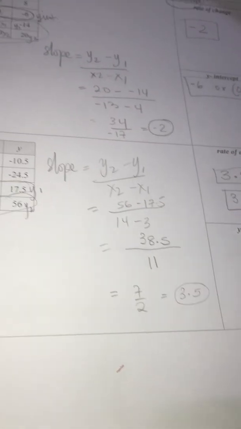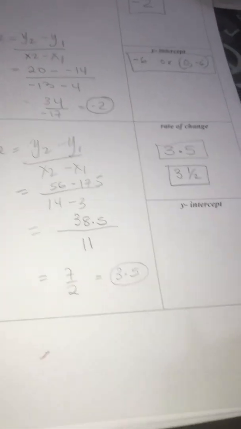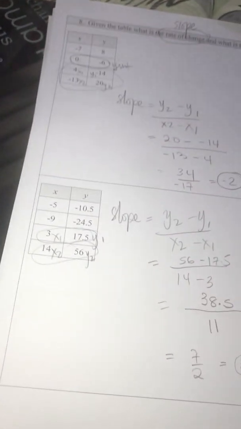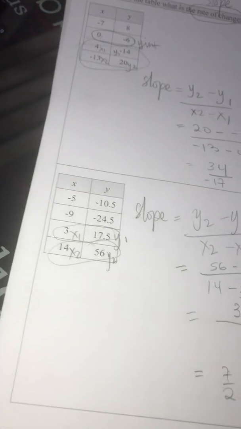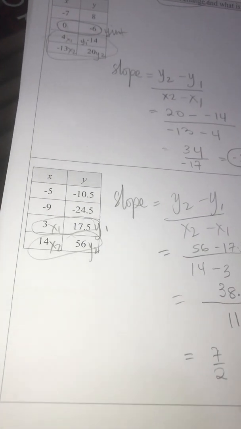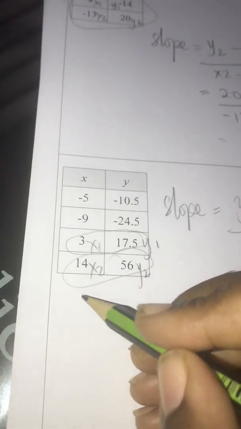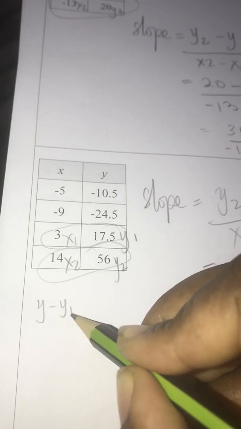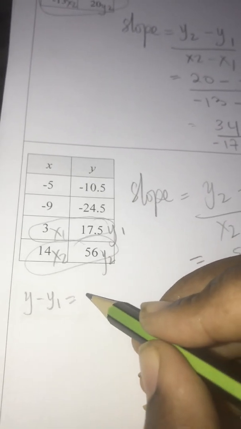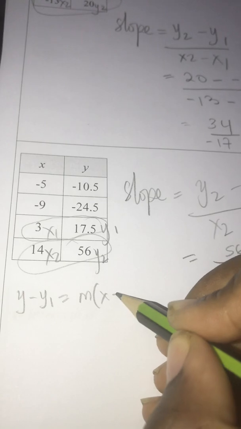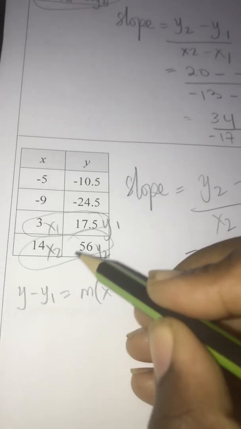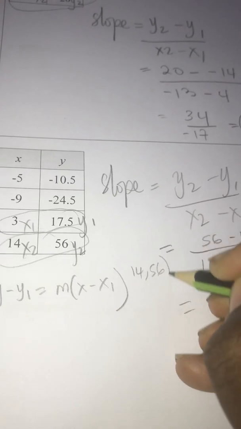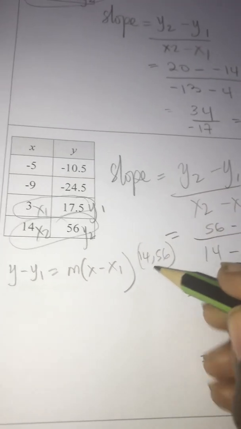Two ways: either you do point-slope form or you do slope-intercept form. It's up to you. So let's do point-slope form. Point-slope form is y minus y1 equals m bracket x minus x1. And which point will I use? 14, 56.